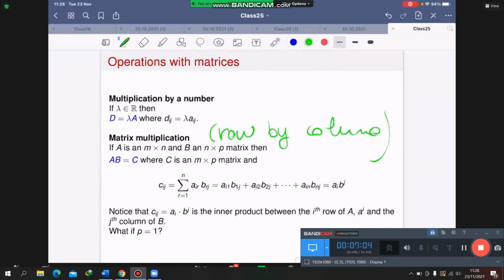The ij entry of the product matrix is the inner product of the i row vector of the first matrix times the j column vector of the second matrix.